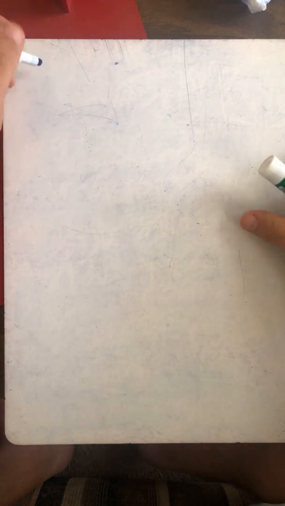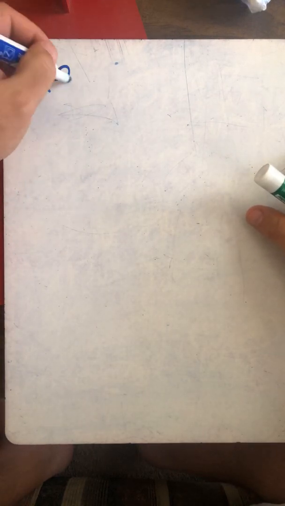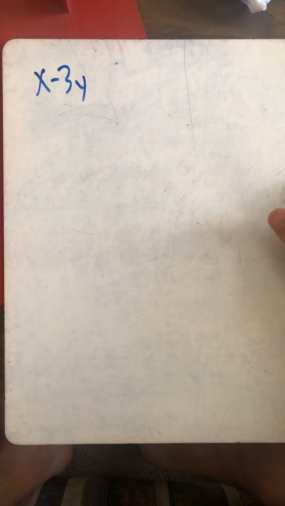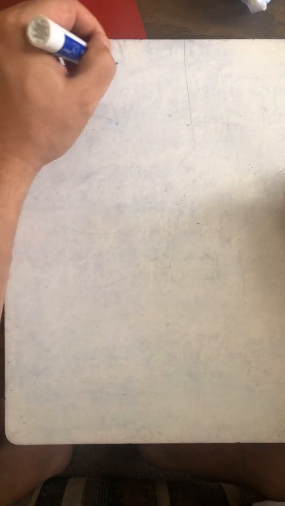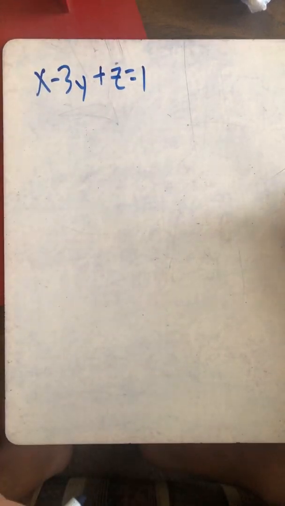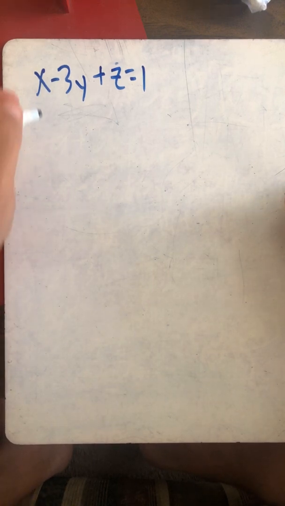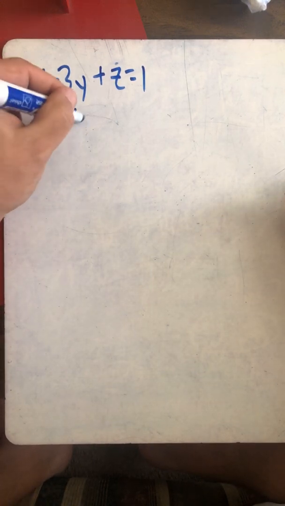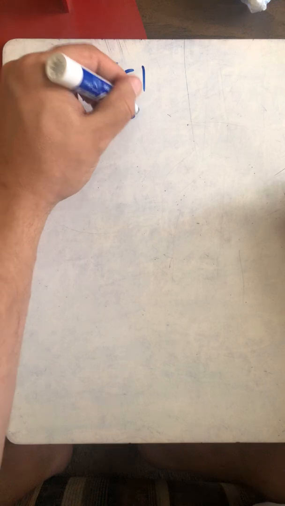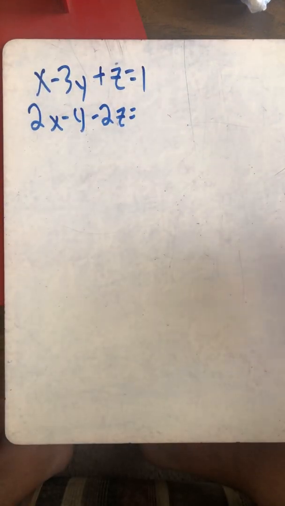Next one that I have for us here. x minus 3y plus z equals 1. 2x minus y minus 2z equals 2.